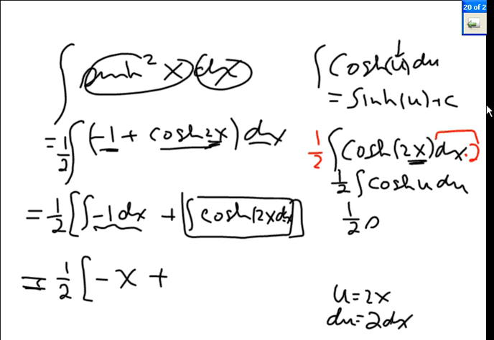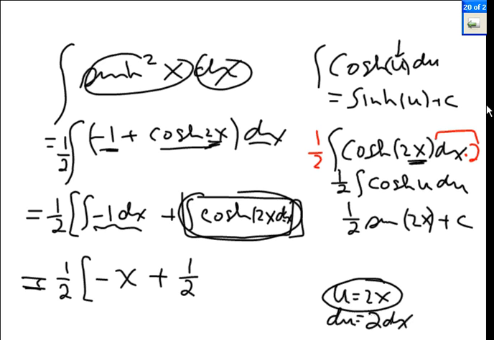That's 1/2 the sinh of u plus c. And u was 2x. I know it is. It told me. So this integral is 1/2 the hyperbolic sine, or the sinh, of 2x plus c. And hopefully this is the same answer I got before.